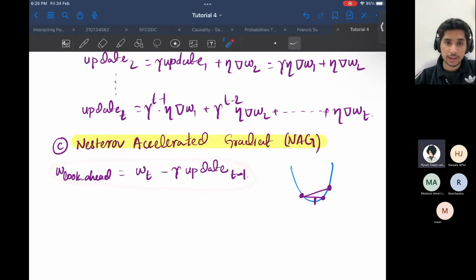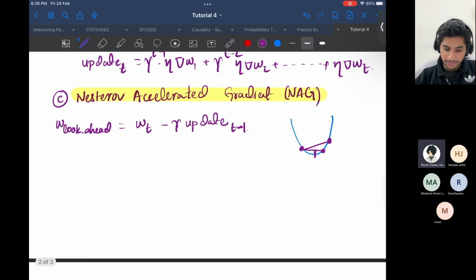You are doing a simple momentum based update for the first time, but you are not actually updating your w. Notice that this is w look ahead and not wt plus 1. What it means is that you are storing something just for our reference.